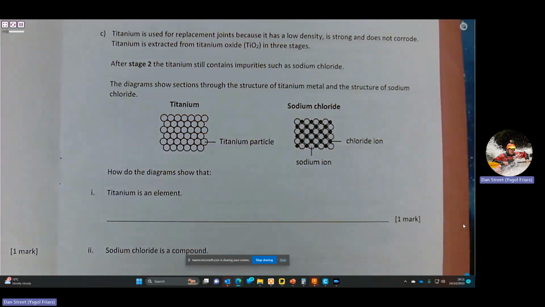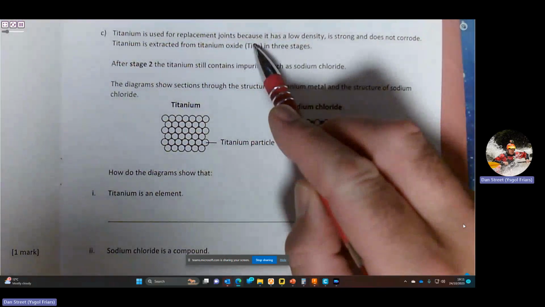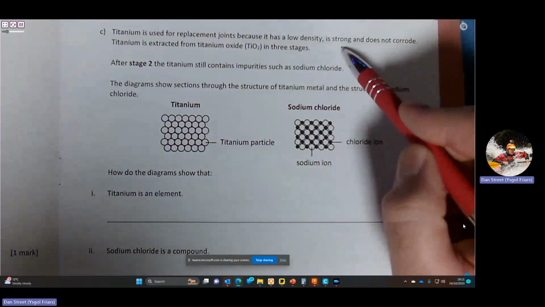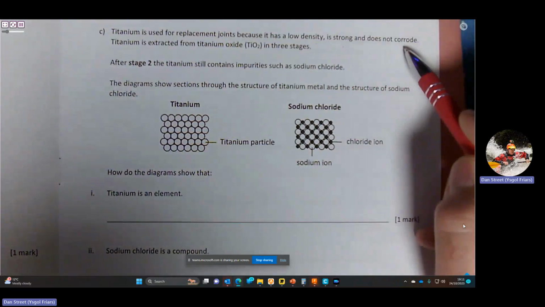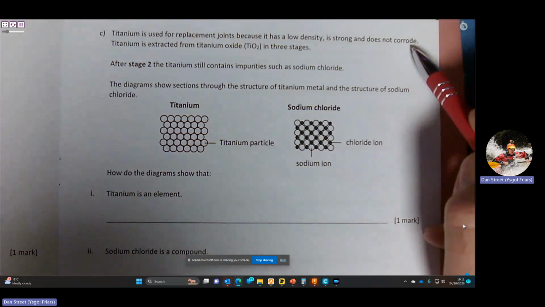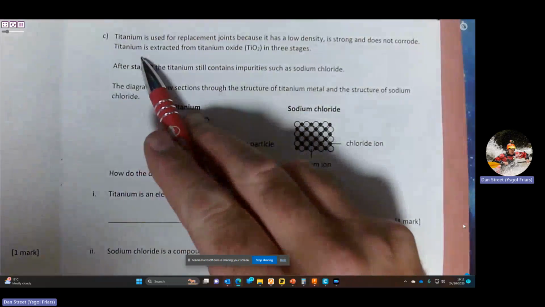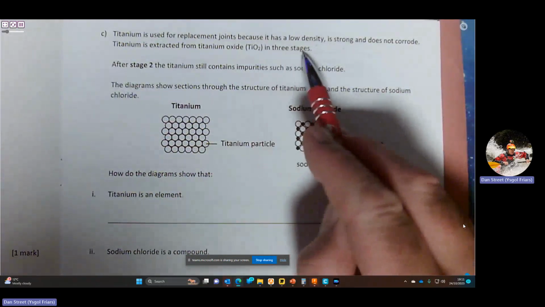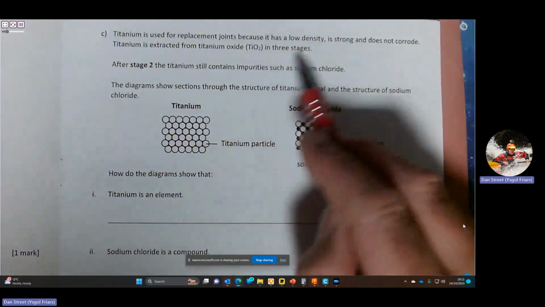And then part C, it says titanium is used for replacement joints because it has a low density. That means it's lightweight, is strong, and does not corrode, so it doesn't rust inside your body when they put it in as a joint replacement. Titanium is extracted from titanium oxide, which is TiO2, in 3 stages. So far, that's all information.